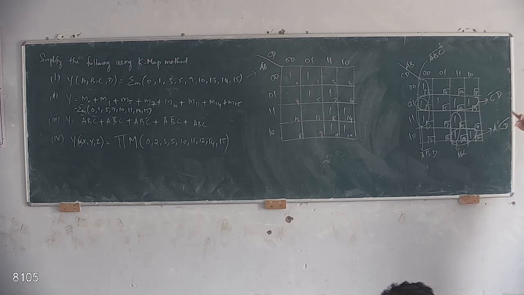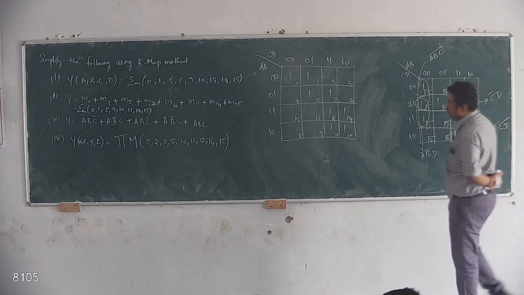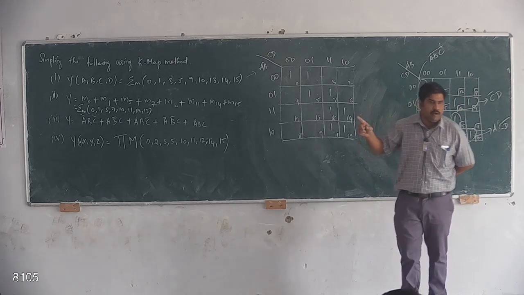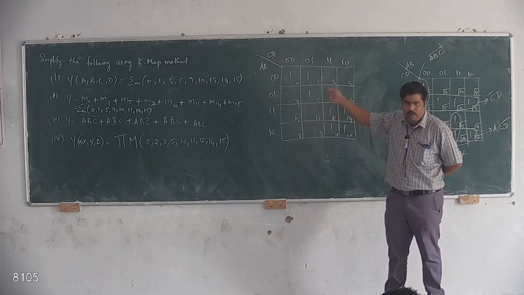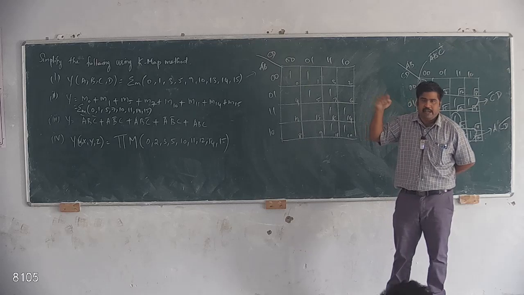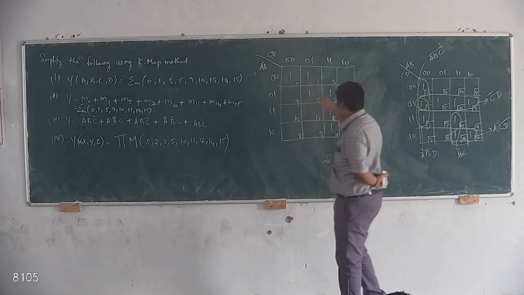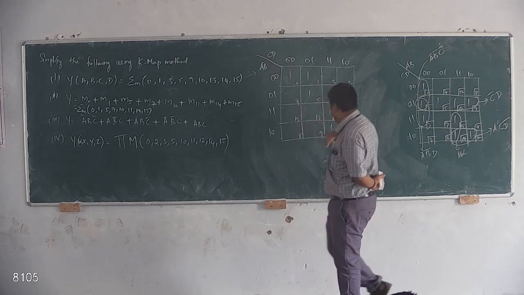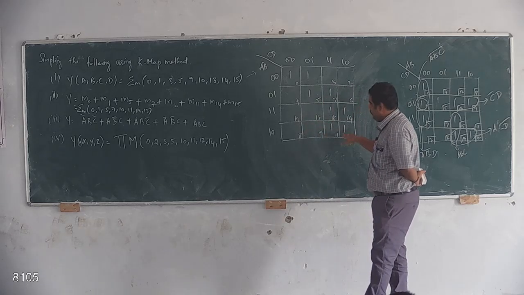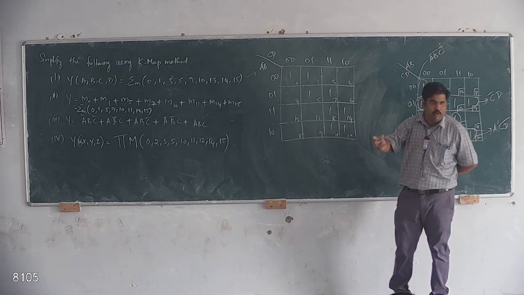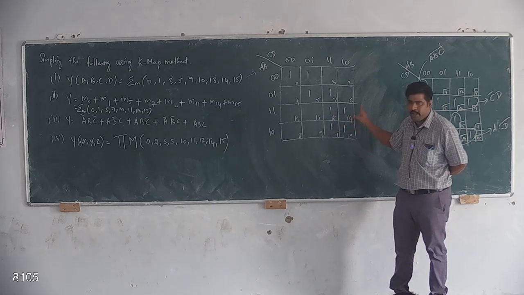Any doubt? Check whether I have mentioned all the values: 0, 1, 5, 7, 10, 11, 14, 15. Cross verify once again, because in a hurry you may miss a value inside the box. If you miss any one value, the whole problem will be wrong. Also, in a hurry you may write 14 here and 15 here.